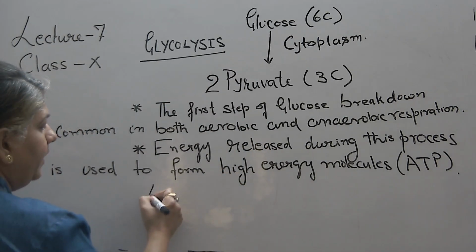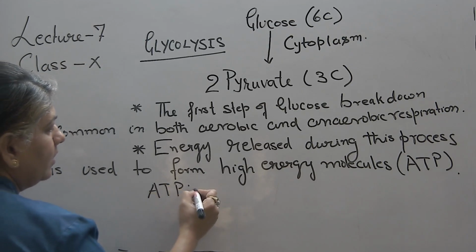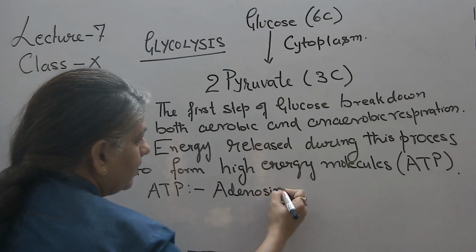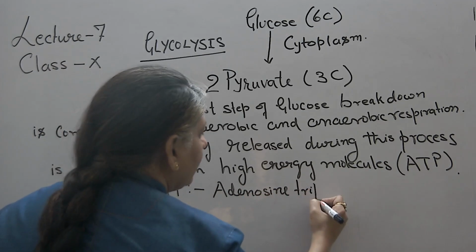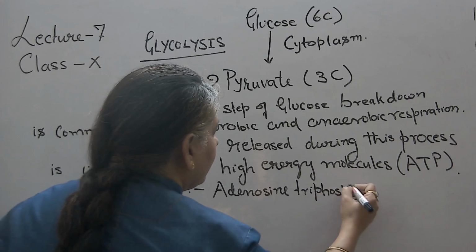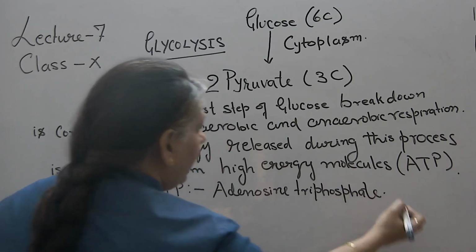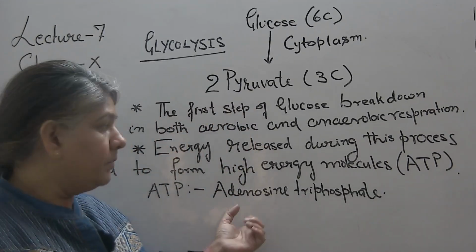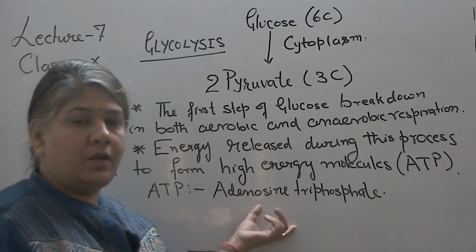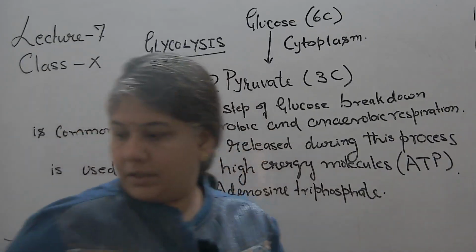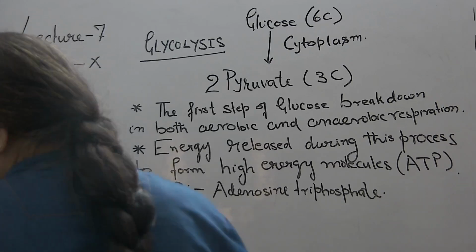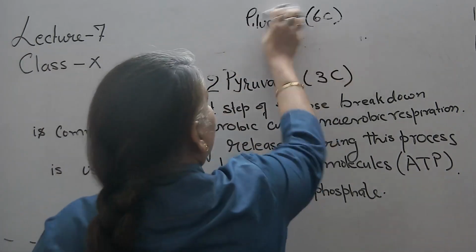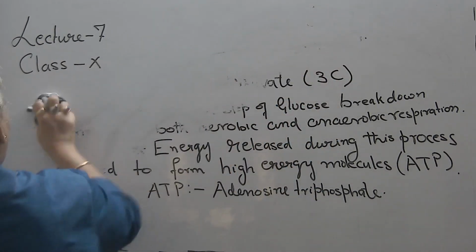The full form of ATP is adenosine triphosphate. Energy in our body is stored in the form of ATP molecules. How it produces energy by breakdown, we'll see in a short while. So this is a common step in both aerobic and anaerobic respiration.